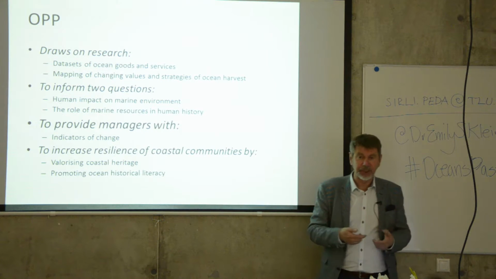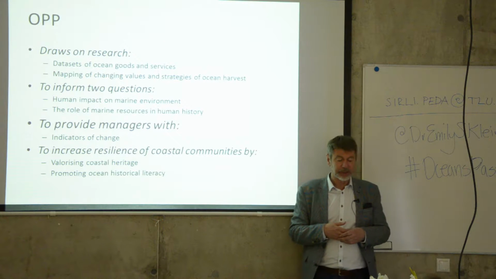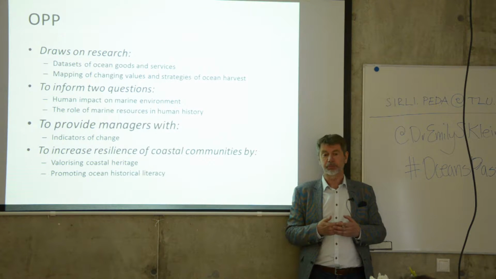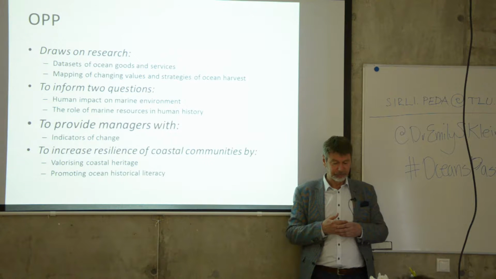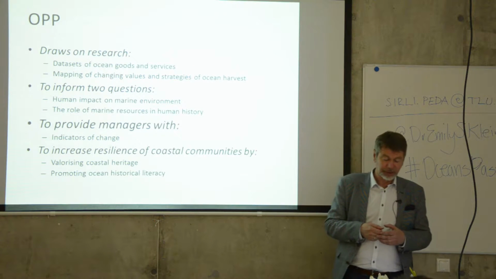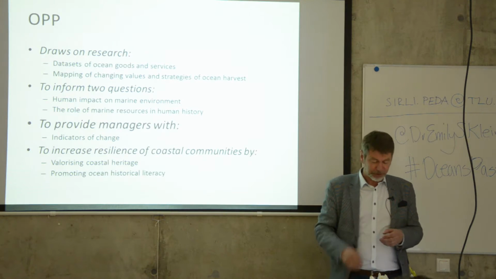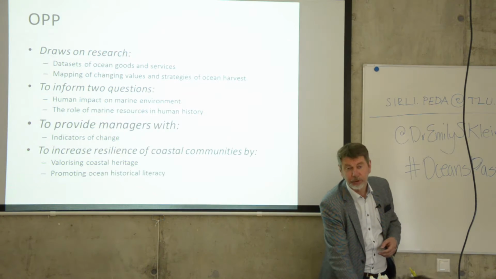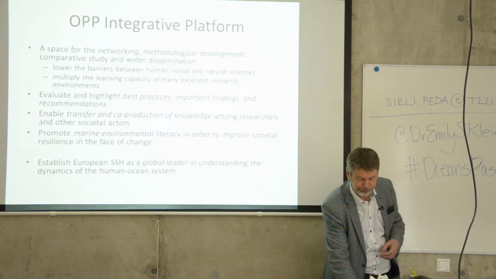And we want to provide managers with indicators of change that may inform policy to increase the resilience of coastal communities by valorizing coastal heritage and promoting ocean historical literacy.